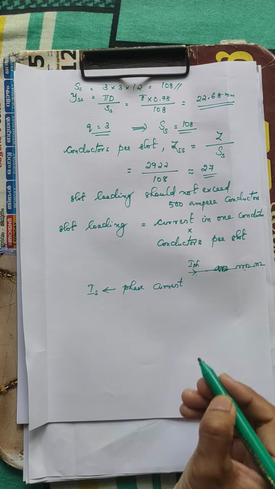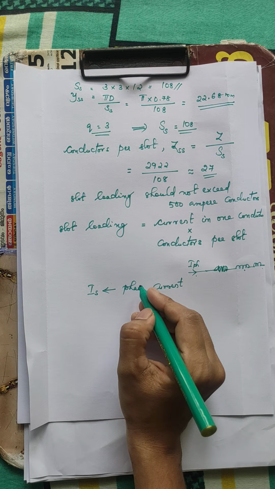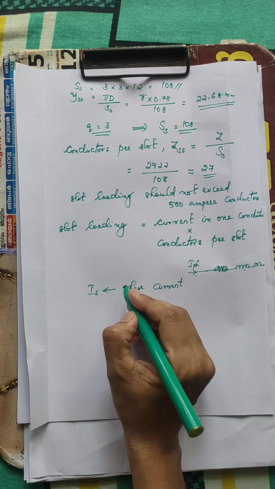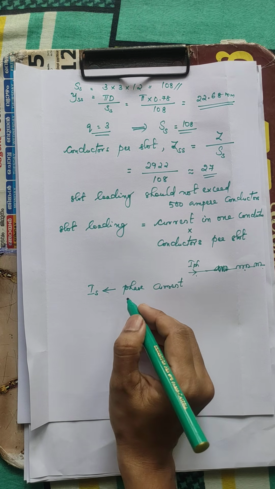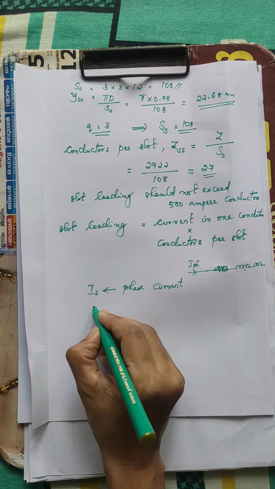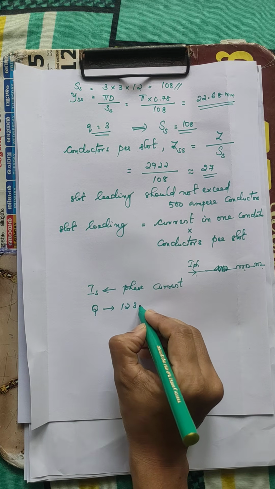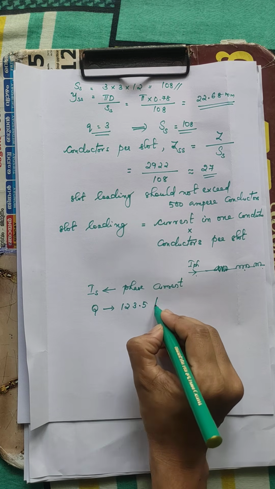So how will you calculate the phase current? Always remember that while calculating the phase current, it should be from the power in kVA, electrical power in kVA. We have the input power in kVA, Q, as 123.5 kVA.